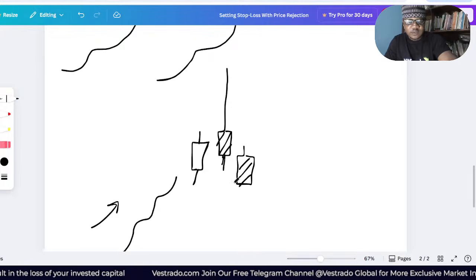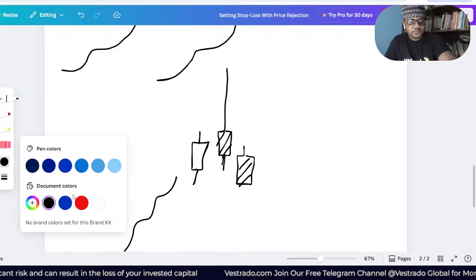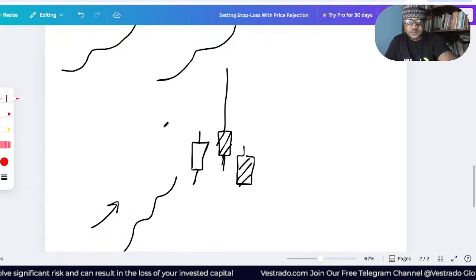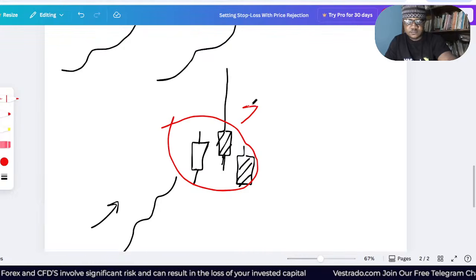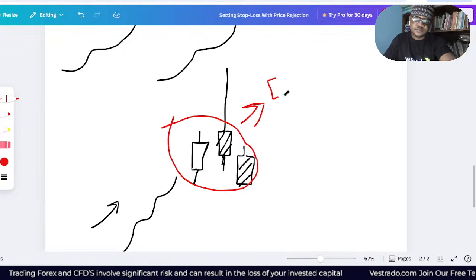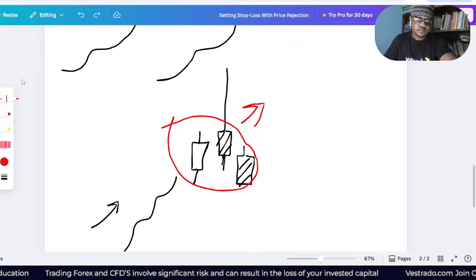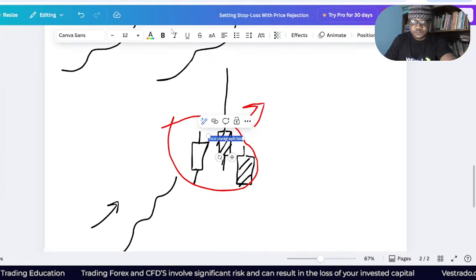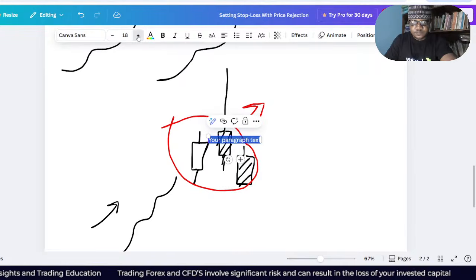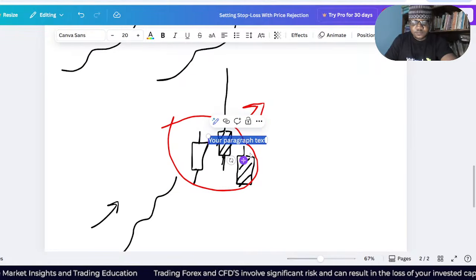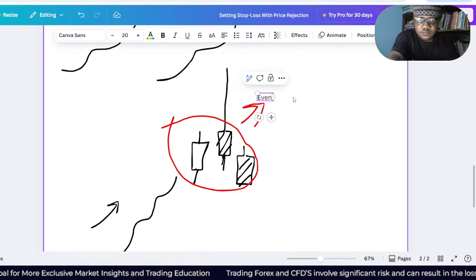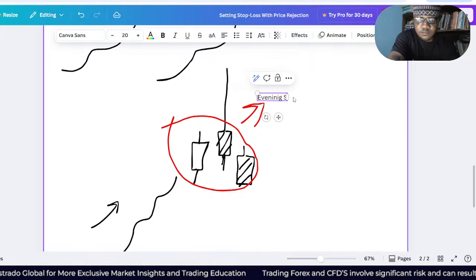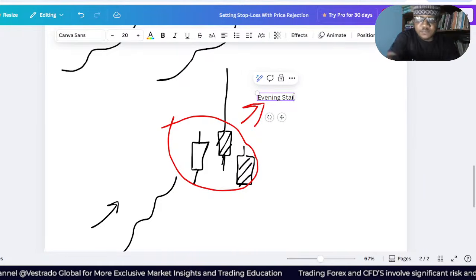These three candles are called the evening star. Okay, this is the evening star.